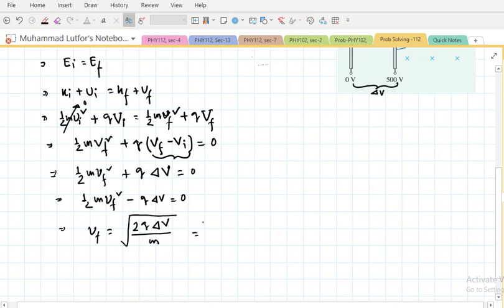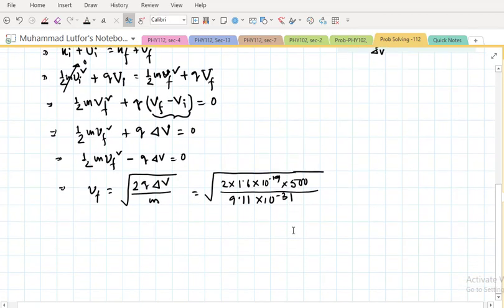If you put in the values, you can find the speed of the charged particle. So 2 times charge 1.6 times 10 to the minus 19, times delta V of 500 volts, divided by the mass of the electron, 9.11 times 10 to the minus 31 kg.